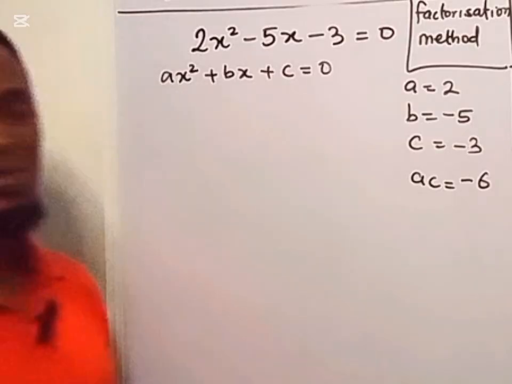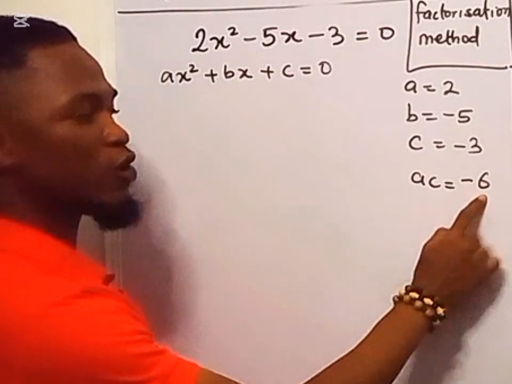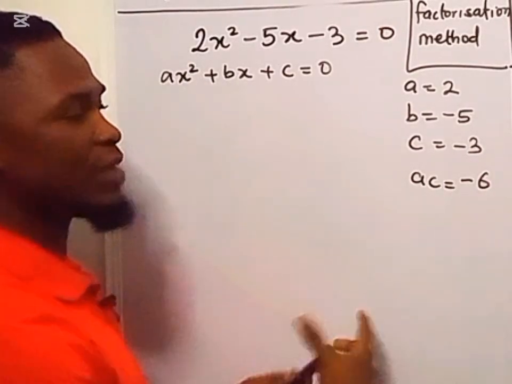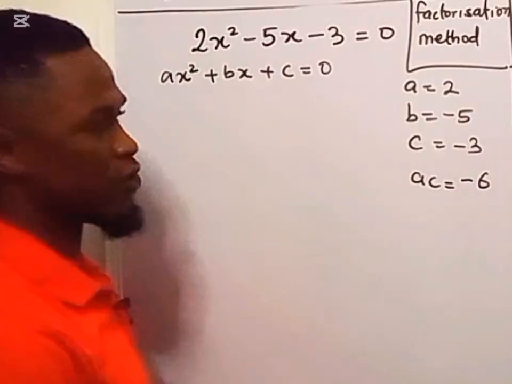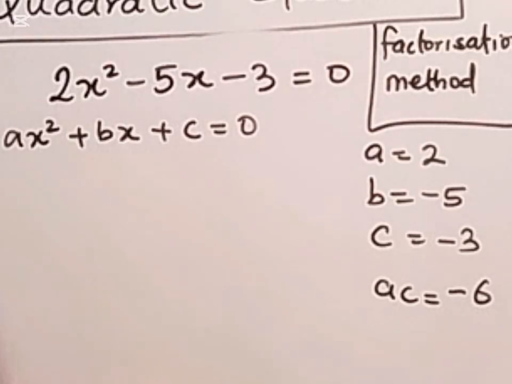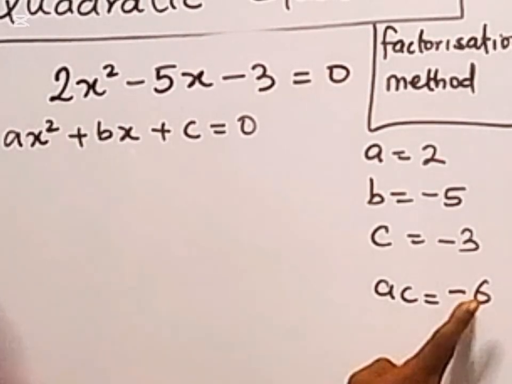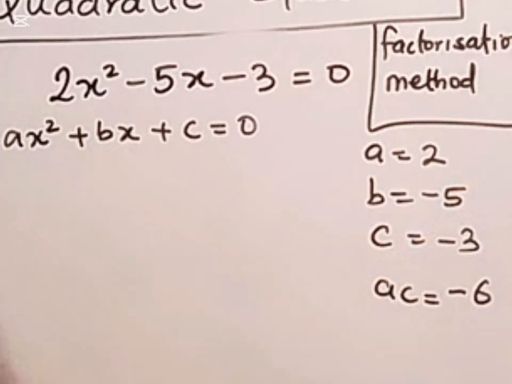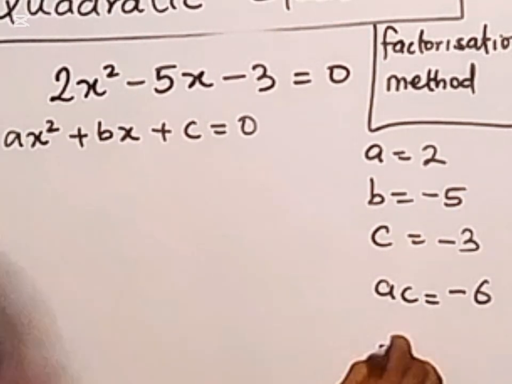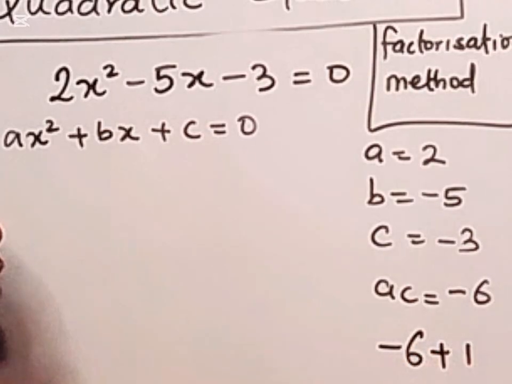So what this means is that I need two factors of minus 6 that, when I bring them together, I will have minus 5. And those two factors are minus 6 and plus 1.